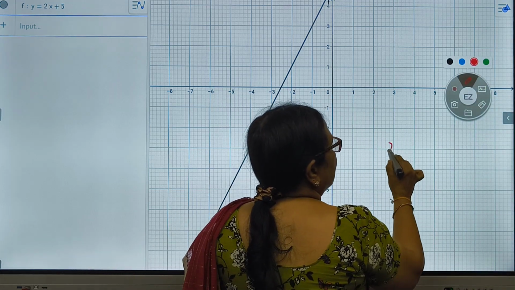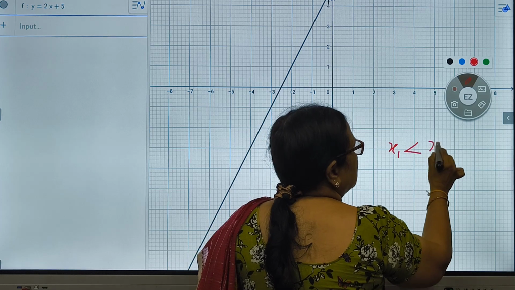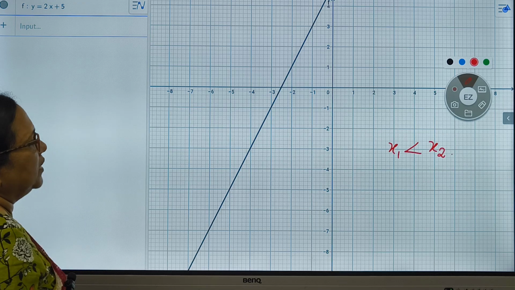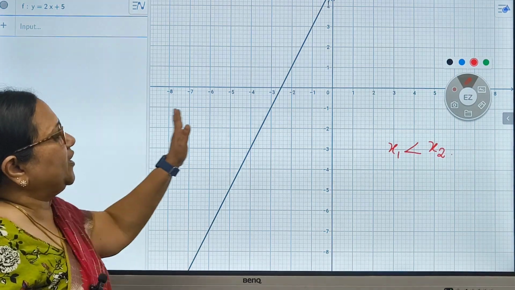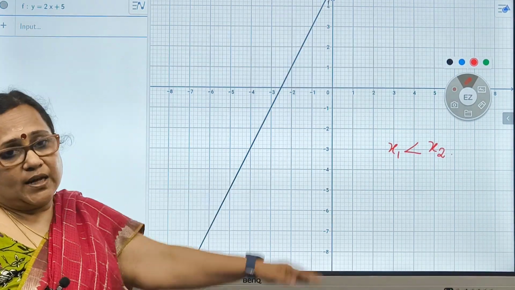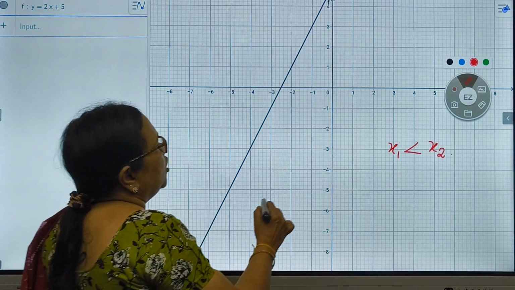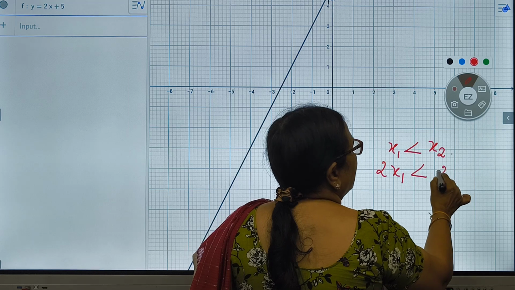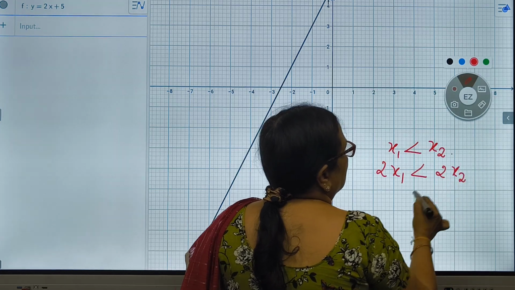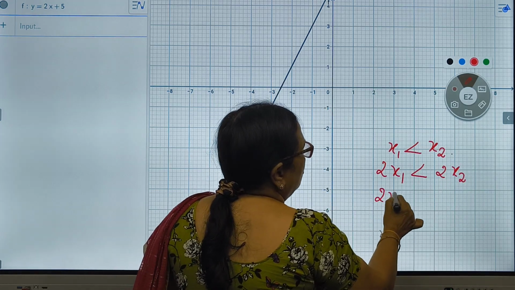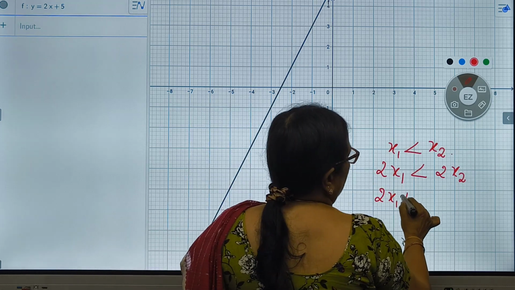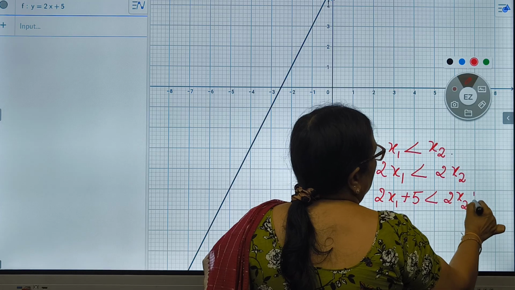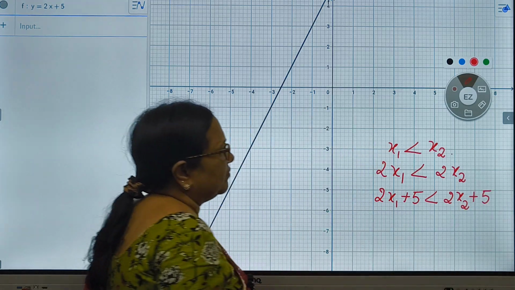now if x1 is less than x2, where x1 and x2 are elements of the domain. I have taken the entire R as my domain. Then you know that 2x1 is less than 2x2, which means 2x1 plus 5 is less than 2x2 plus 5.